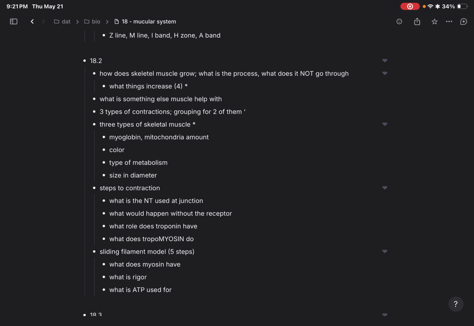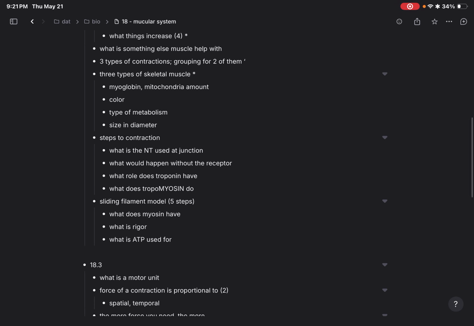This is pure fast twitch. They're going to have low myoglobin, low mitochondria, and be whitish in color. They're going to be doing mainly anaerobic respiration because they're going to be short bursts. So these are going to be called fast twitch muscles for high power, and their size and diameter is much bigger.